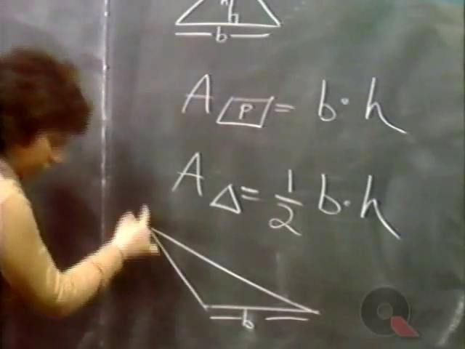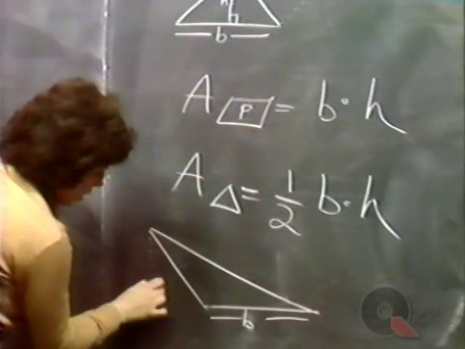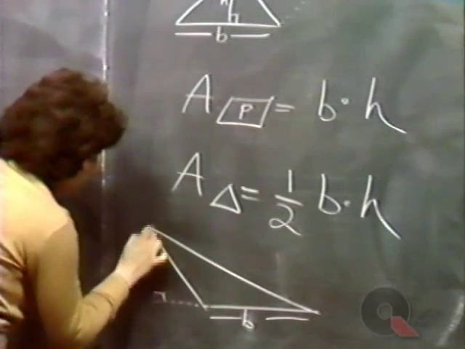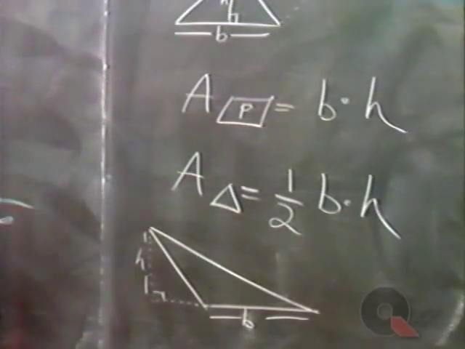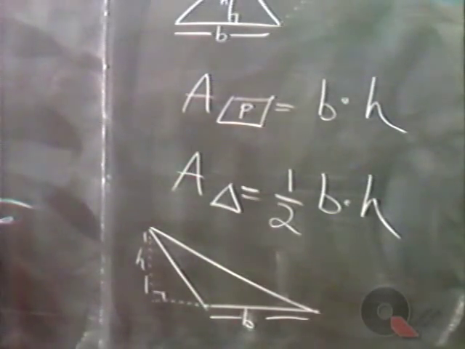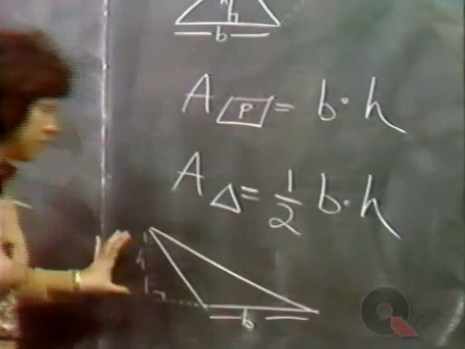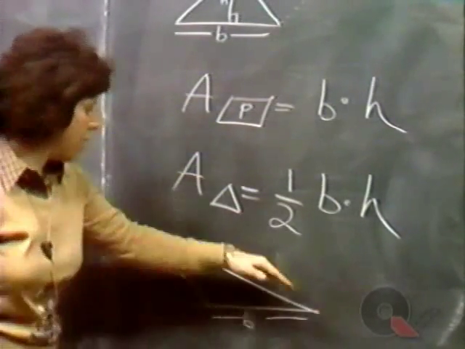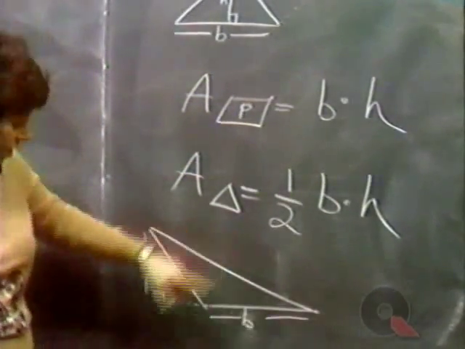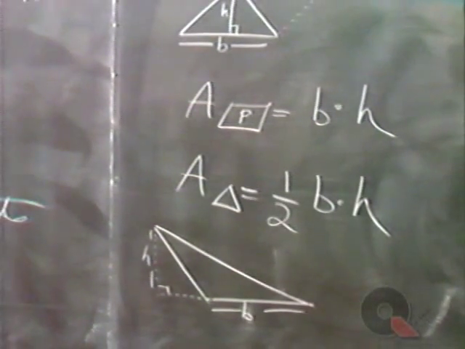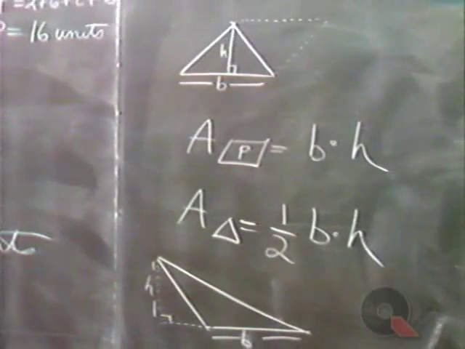Now the altitude from this vertex perpendicular to the side here would not be within the triangle, but it would still be the altitude. You can still use it in your calculations. 1/2 base times height this way would come out exactly the same as using the other pair. So the altitude does not have to be within the triangle. You can still find the area.